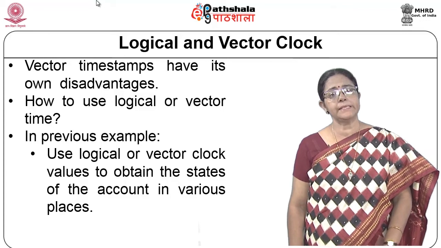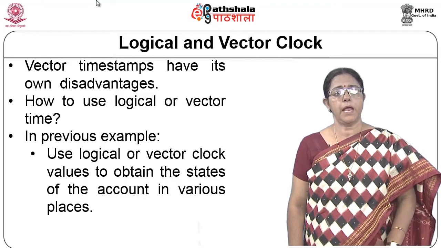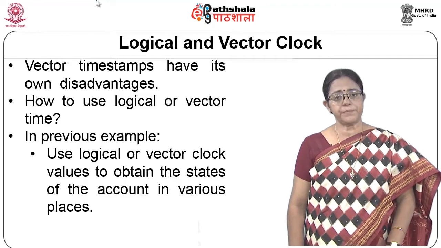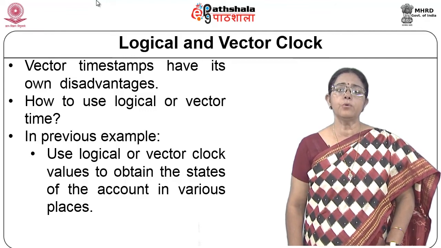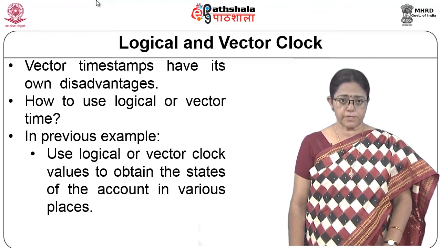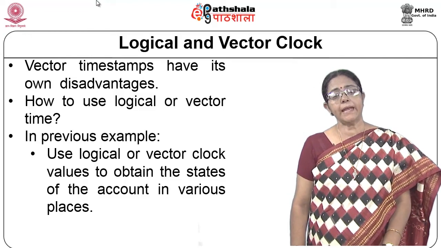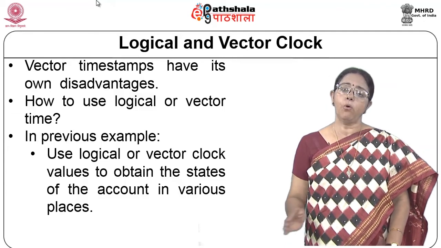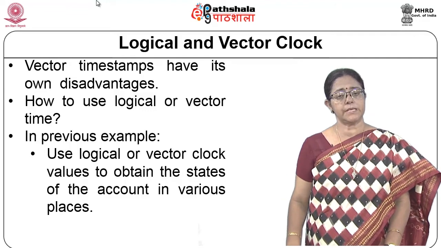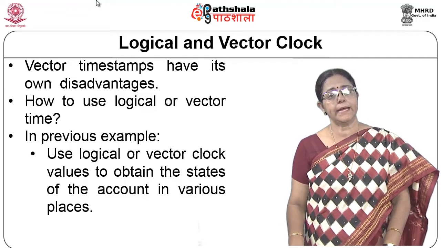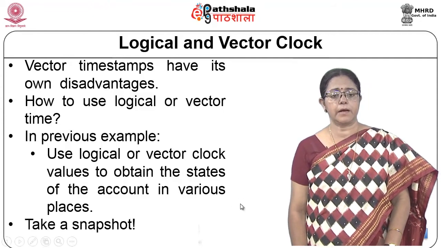Our problem is that we can independently go to each branch in each state and obtain the value, but we do not know how to do it because of the absence of time. We can figure out a mechanism where, using either the logical clock or the vector clock, we can give instructions to each process on when exactly they are supposed to take the picture, take the current situation.